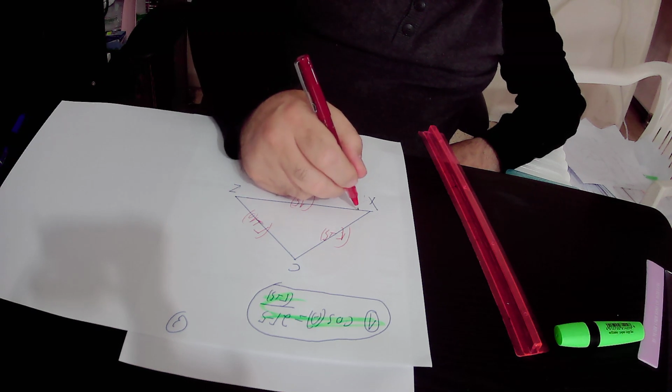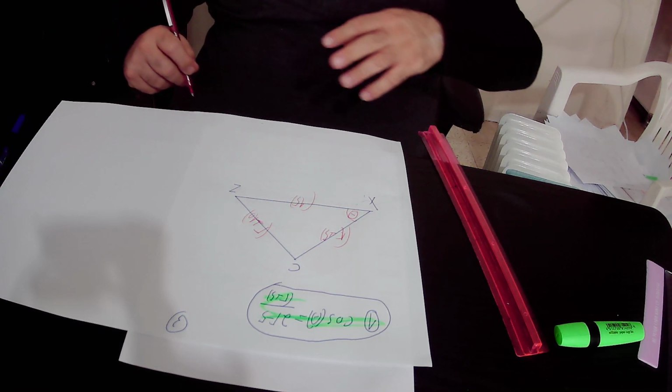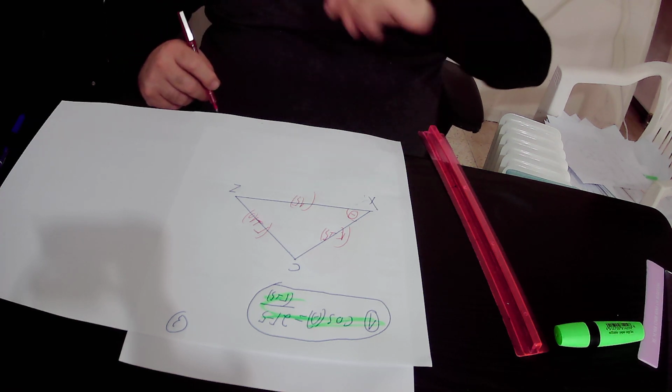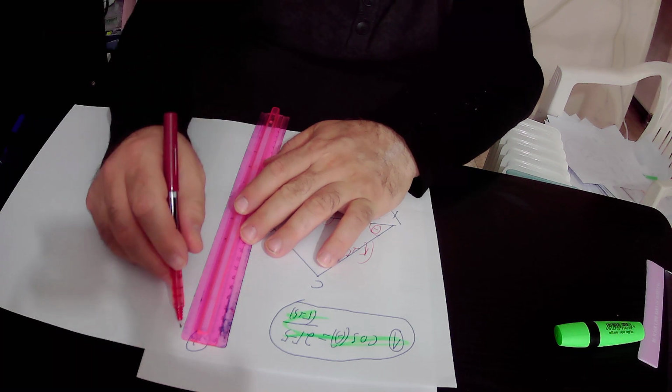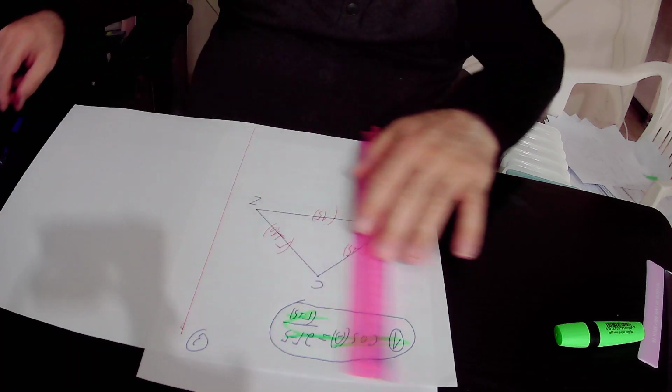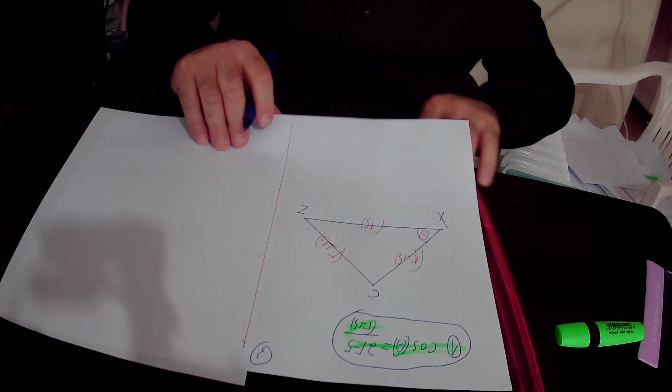And this is of course angle theta. So we'll implement the law of cosines in this triangle, triangle CXZ. This will be equation number 2.